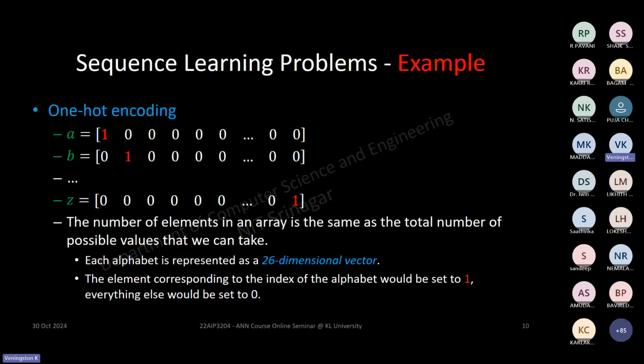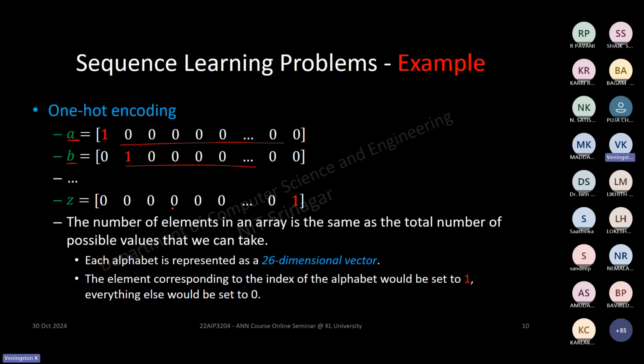This is how the representation for every character looks like. The representation corresponding to A is going to be like this, and the representation for B is going to be like this, and so on.